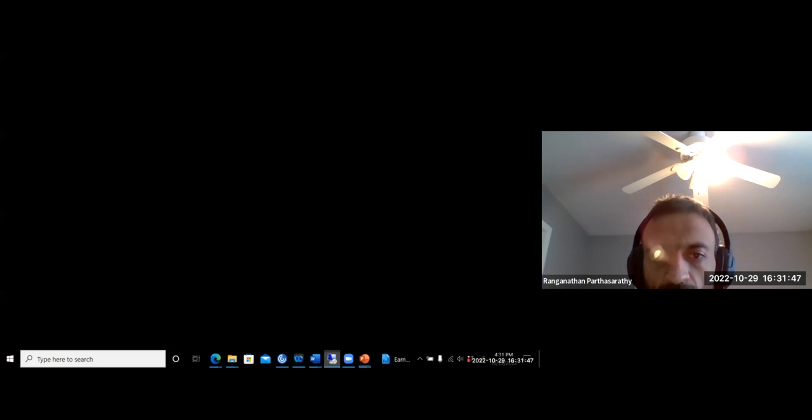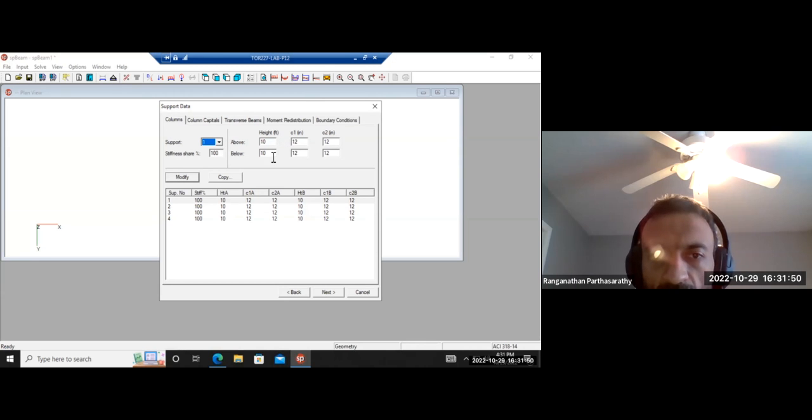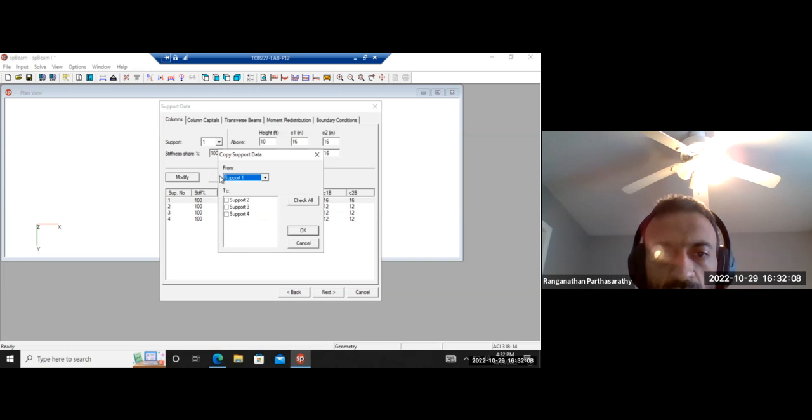So our columns are above 10 feet, below 10 feet. Column is 16 by 16. Okay, modify. Then copy. All the columns are the same. Check all.